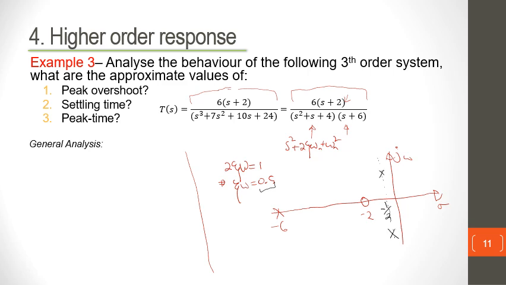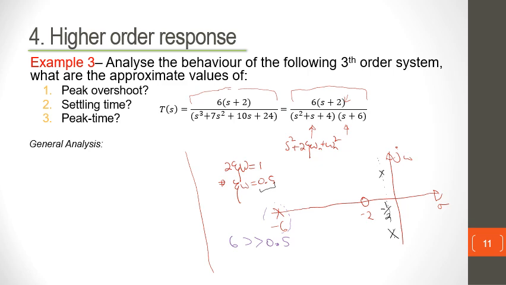For this reason, we can see that in fact what's happening here is that the pole here is very far away from these poles. So 6 is much bigger than 0.5. In fact, it's more than 10 times bigger.